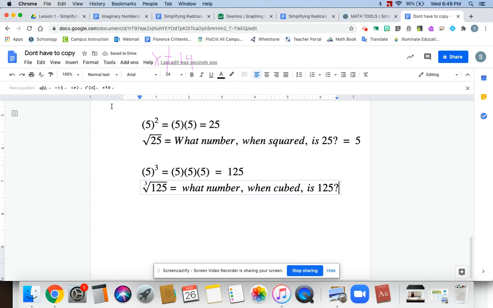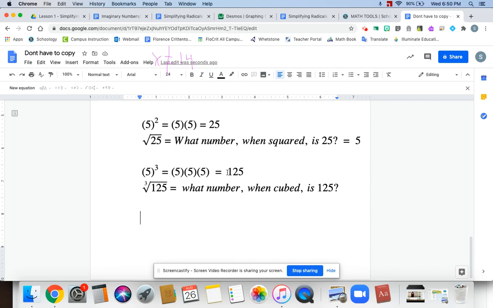So that means what number times itself 3 times, because cubed means times itself 3 times, is 125. Well, we just know that from before that the answer was 5, because 5 times 5 times 5 was 125. So in the same way, to the power of 4 and the fourth root are inverses, they'll undo each other.